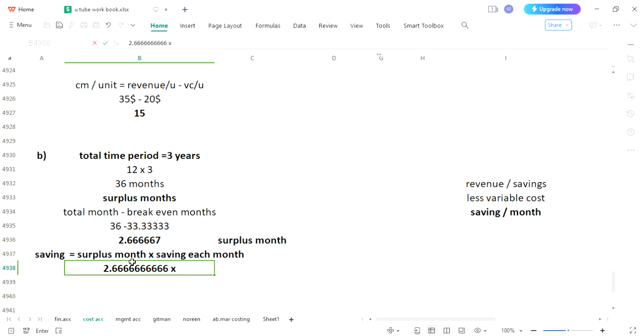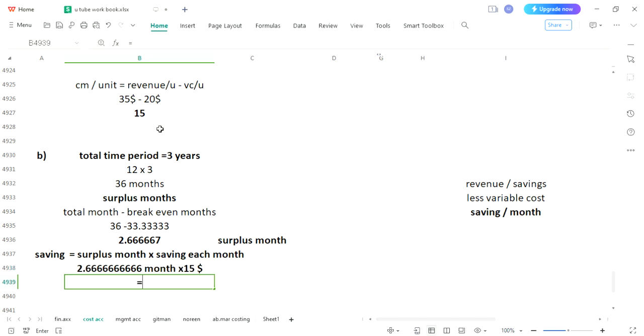These are surplus months and saving each month is $15. So in this way, these 2.66 are months and each month he is saving $15.